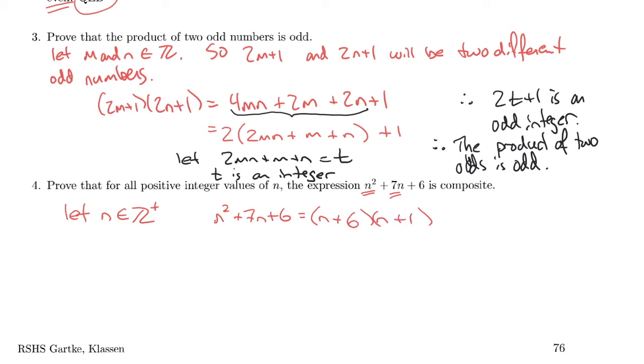Okay, and again, remembering that the integers are closed, we know, therefore, that n plus 6 is an integer, and n plus 1 is an integer.